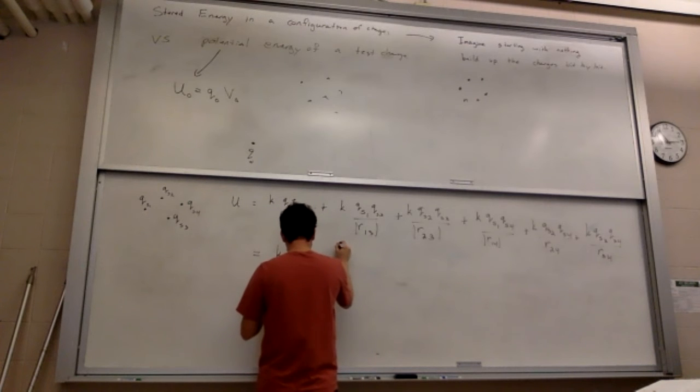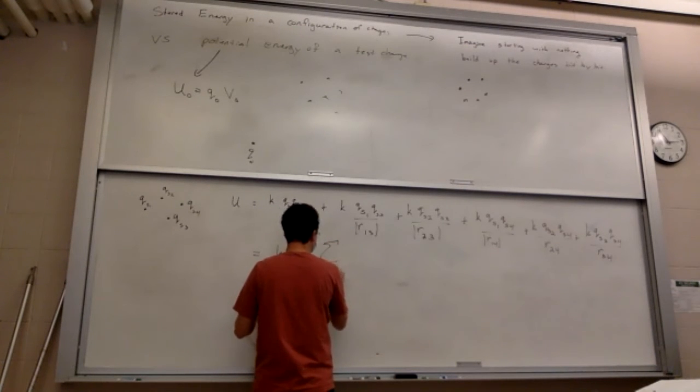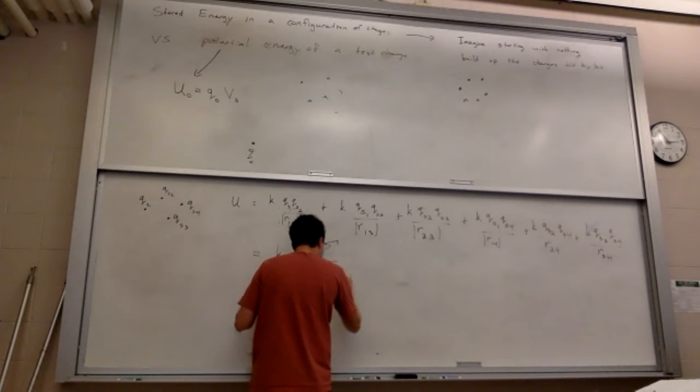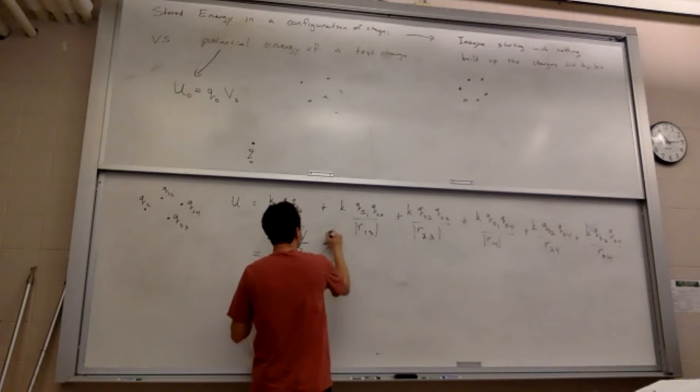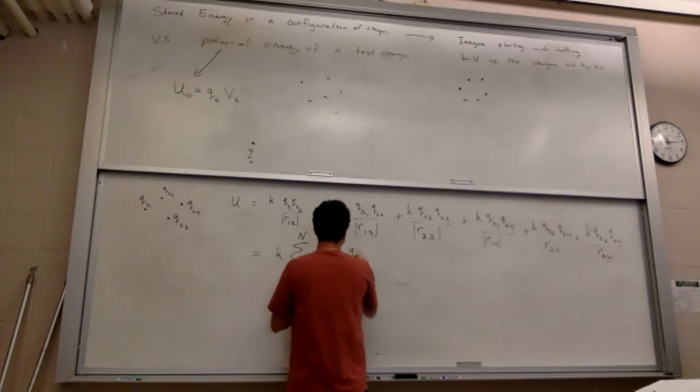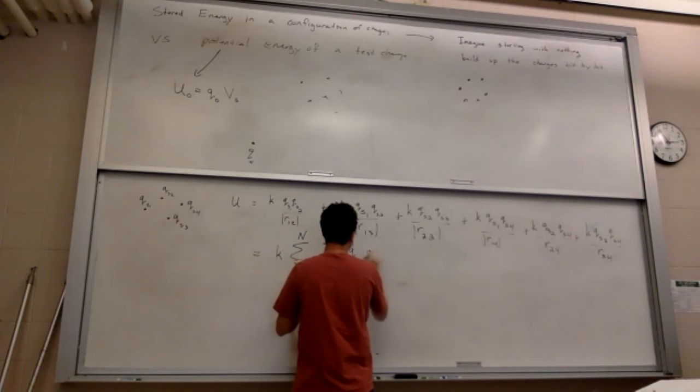And then the sum over j from 1 to i minus 1 of Q_Si Q_Sj over r_ij.